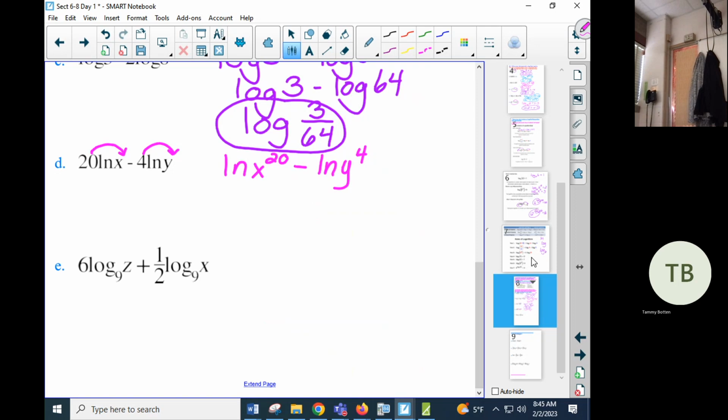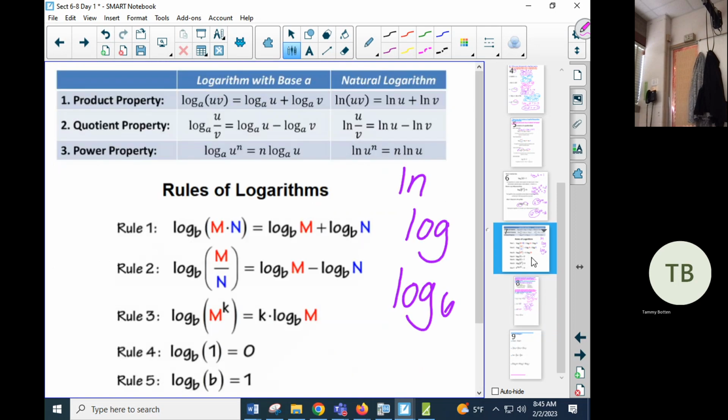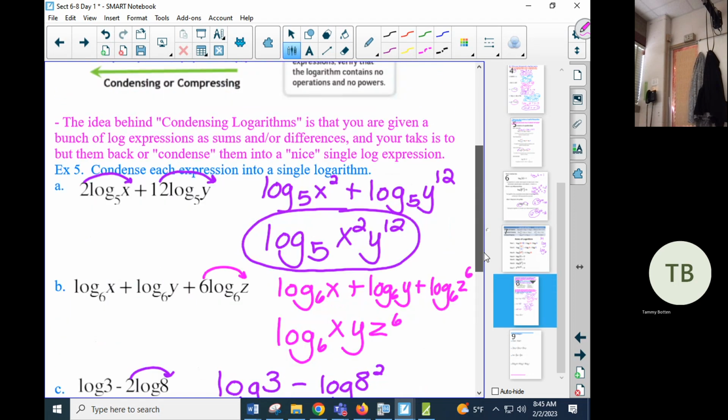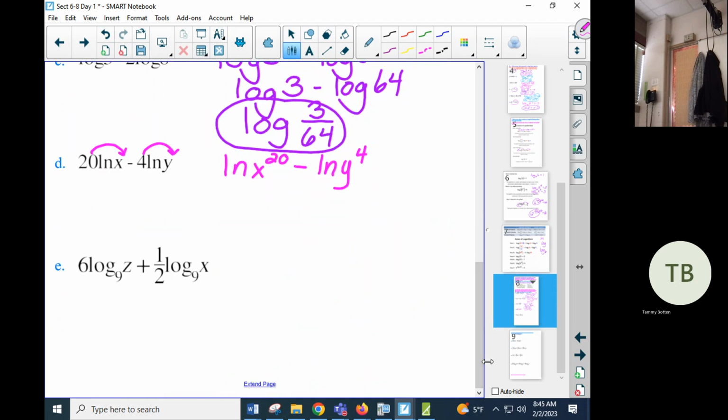And if it's subtracted, remember what we do is we divide them. So I would write this as natural log of x to the 20th over y to the 4th. And those have two different variables, so you can't change it anyway.